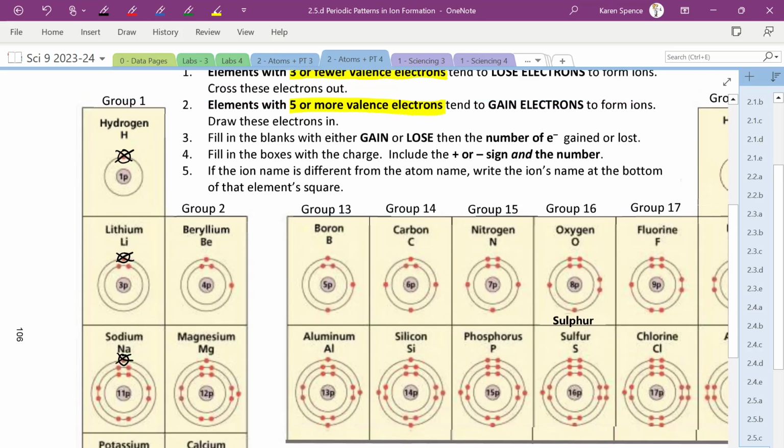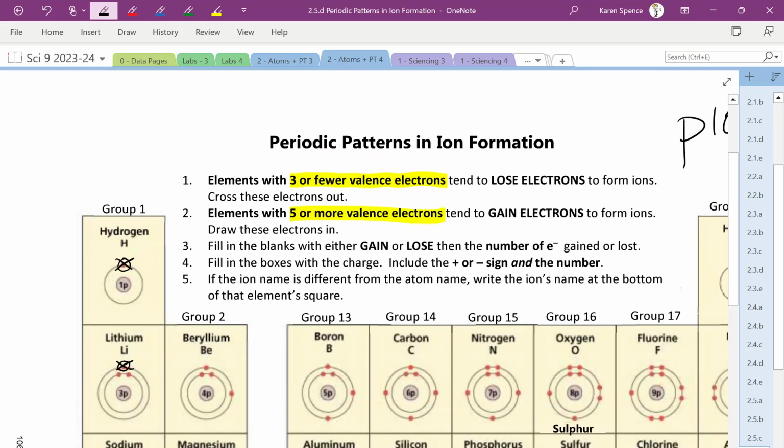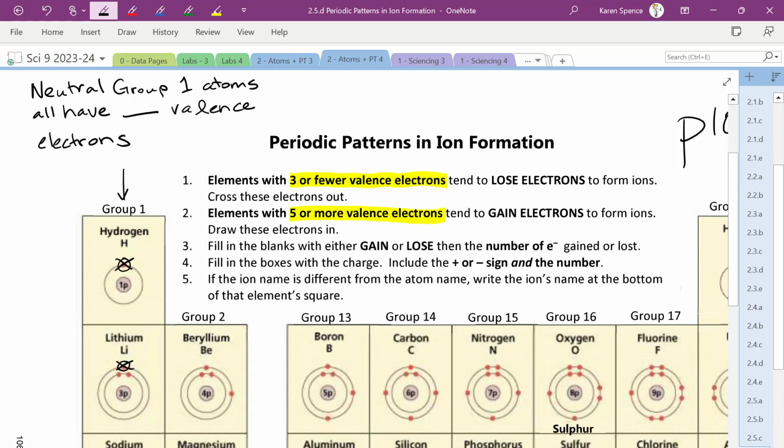And the other thing we're going to write, I have to get used to the new button on my pen being erase.